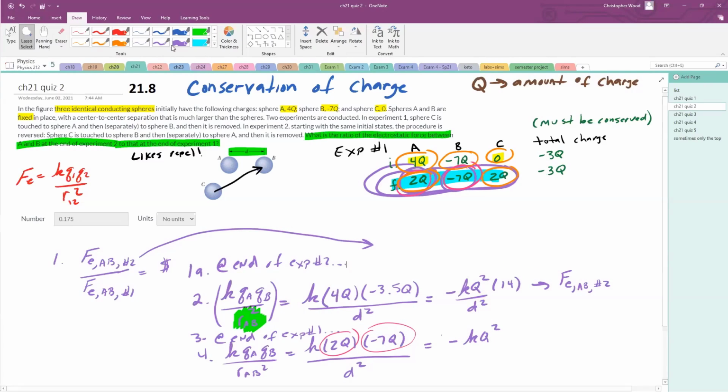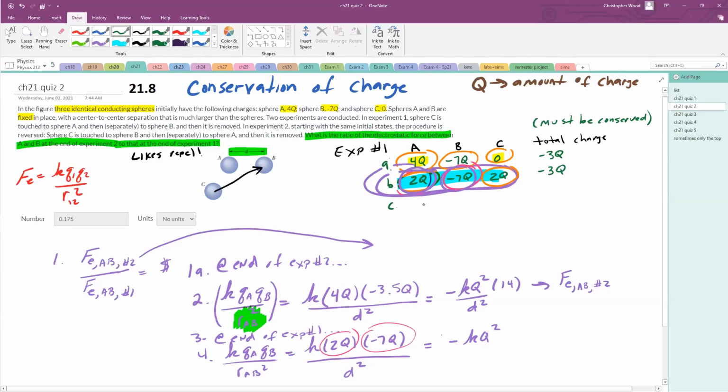I'm going to go back to just state A, from A to state B, and then state C, because I just didn't read that next clause. In experiment 1, C is touched to A and then to B.